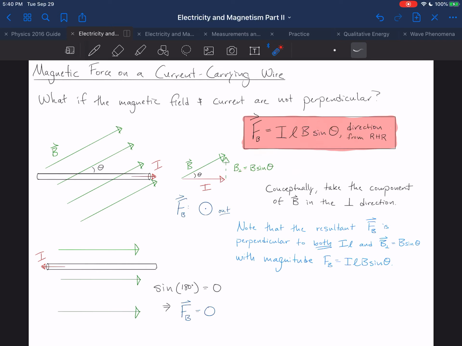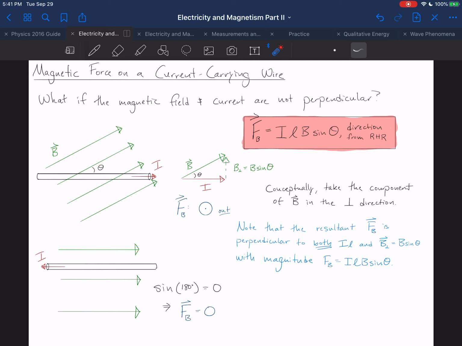That is no accident. So you're going to use this perpendicular component of the magnetic field to determine the force direction. You put your thumb in the direction of the current, you put your index finger in the direction of the perpendicular component of the magnetic field, and that gives you a force direction out in this particular situation. So the magnetic force would be out on this particular wire.